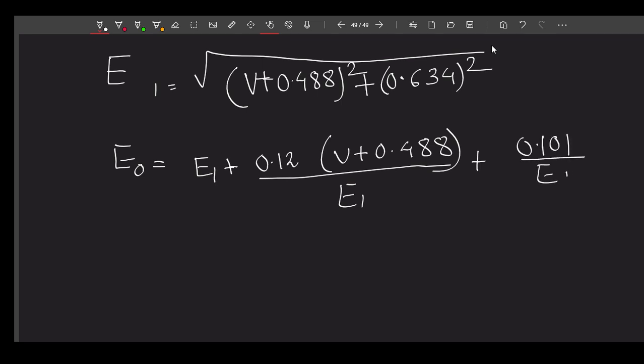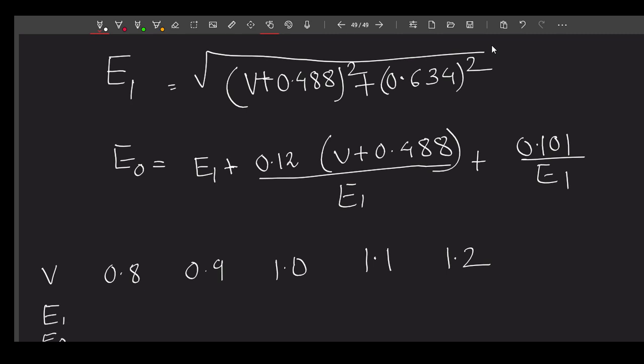Now here using these two equations, we can calculate different values of, means we will take one value for v, arbitrary values, like say we'll start from 0.8, 0.9, 1.0, 1.1, 1.2, and we'll calculate corresponding value of E1 and E0 from this.